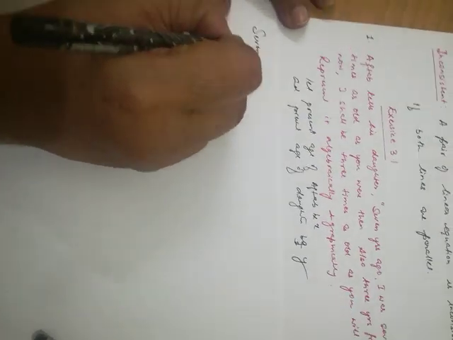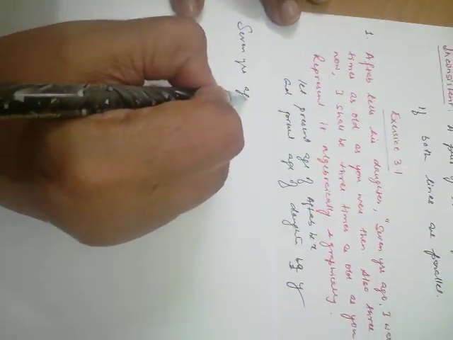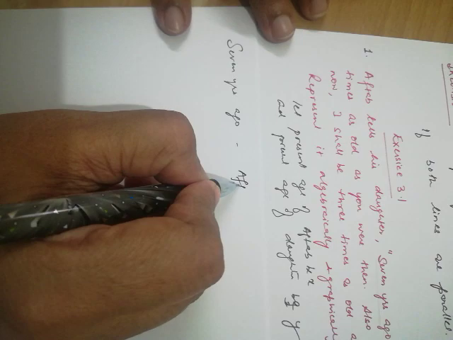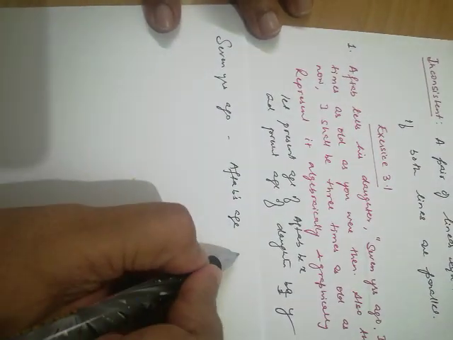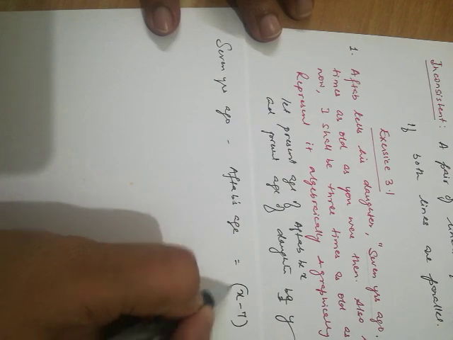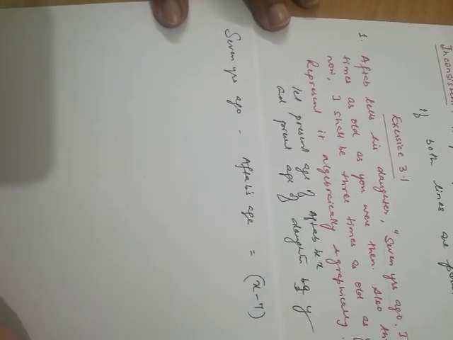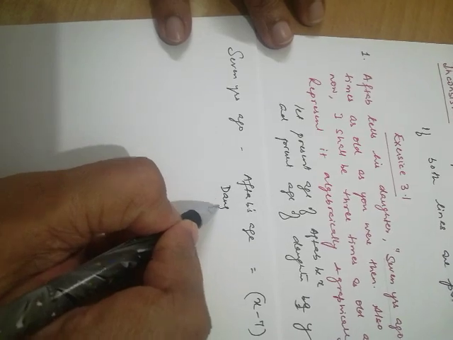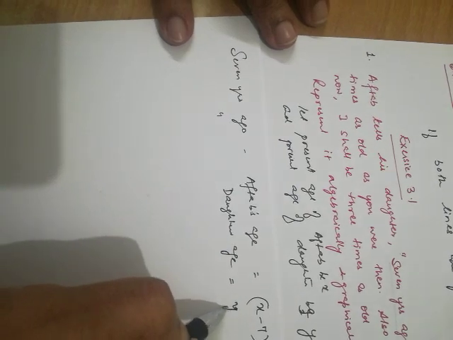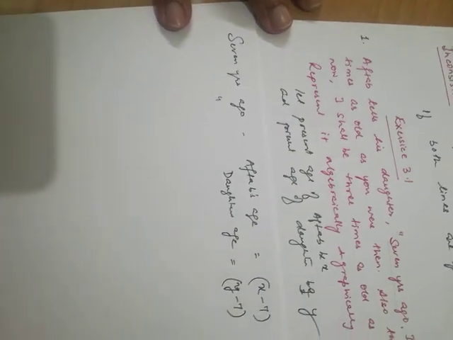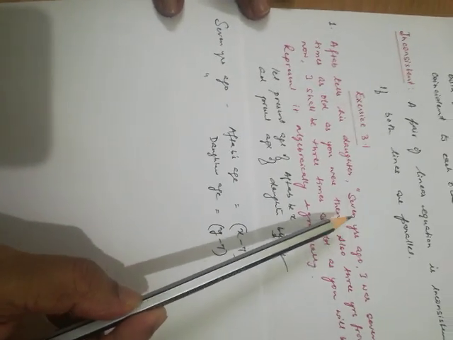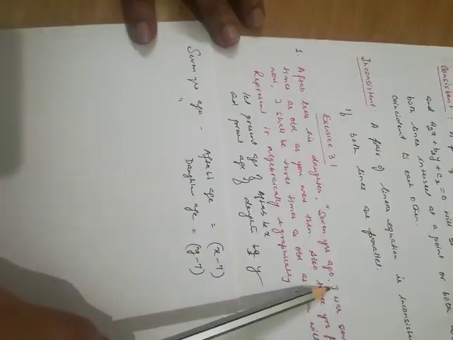Now, given here that 7 years ago, let us see what will be both of their ages 7 years ago. Aftab's age will be x minus 7, agreed? And the daughter's age 7 years ago will be y minus 7. Now what is the condition they are giving? 7 years ago, Aftab was 7 times as old as the daughter.